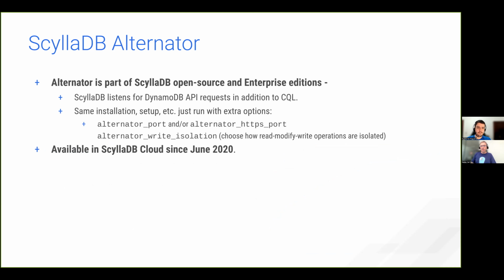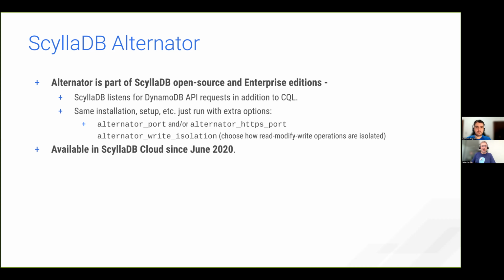Okay, although we have this name Alternator, it's not a different product. It's just a part of ScyllaDB. It's part of open source and part of the enterprise editions. It just means that ScyllaDB will listen not just to CQL requests, but also to DynamoDB requests. You install it the same way, you just have to configure it with a few more options.